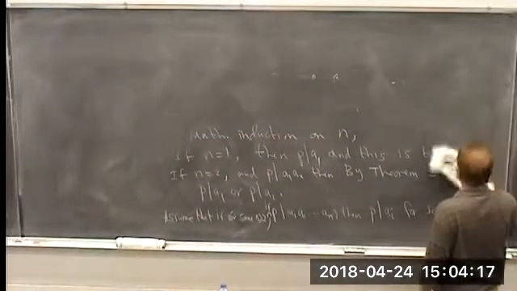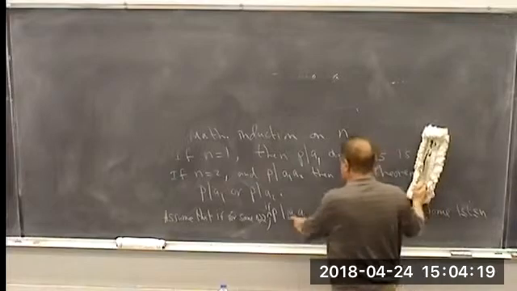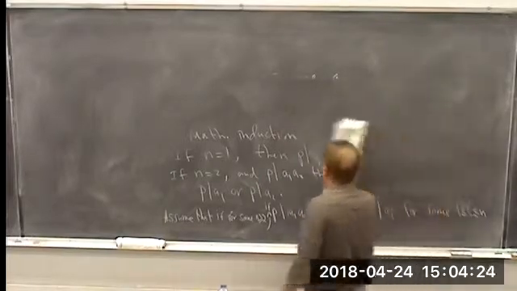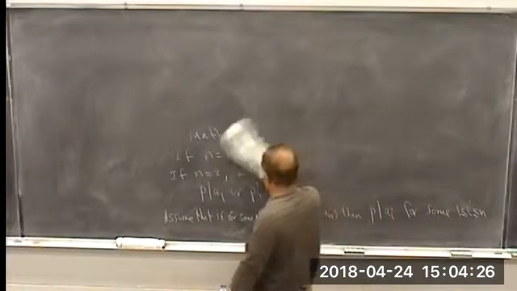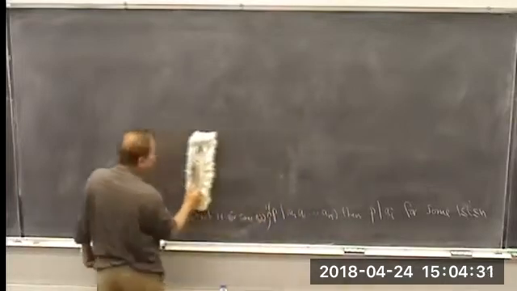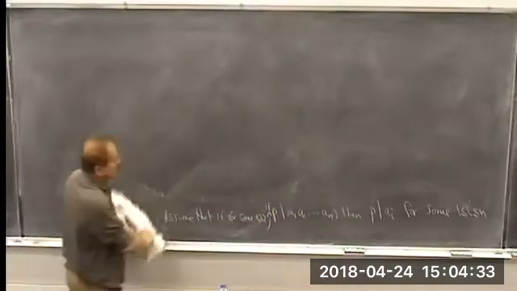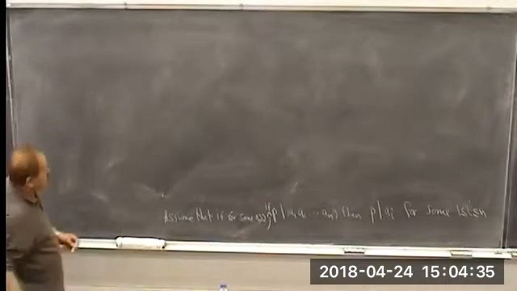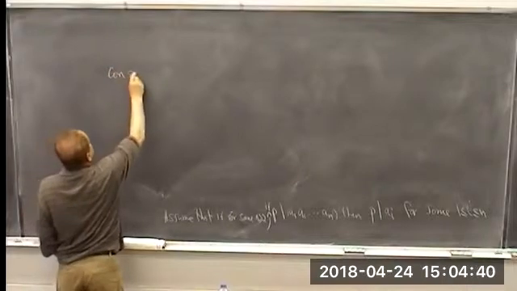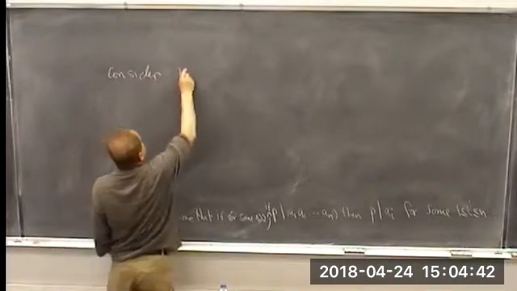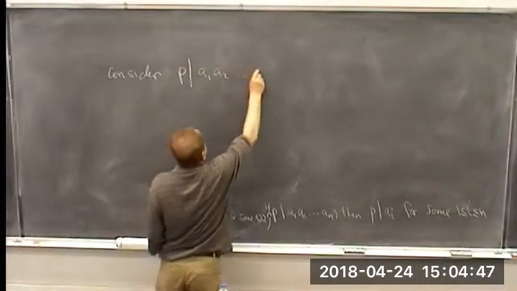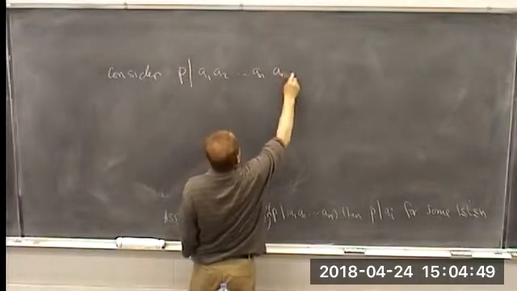We want to show it is for any numbers, not necessarily the ones which we started with here. We could use different letters instead of A's, we could use B's or C's, but sometimes it's convenient to change those. Let us consider this: P divides A1, A2, up to AN plus 1.